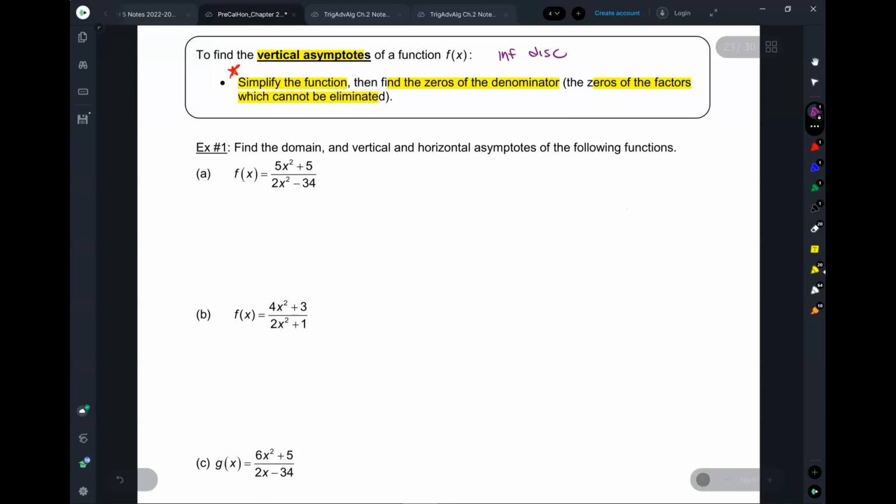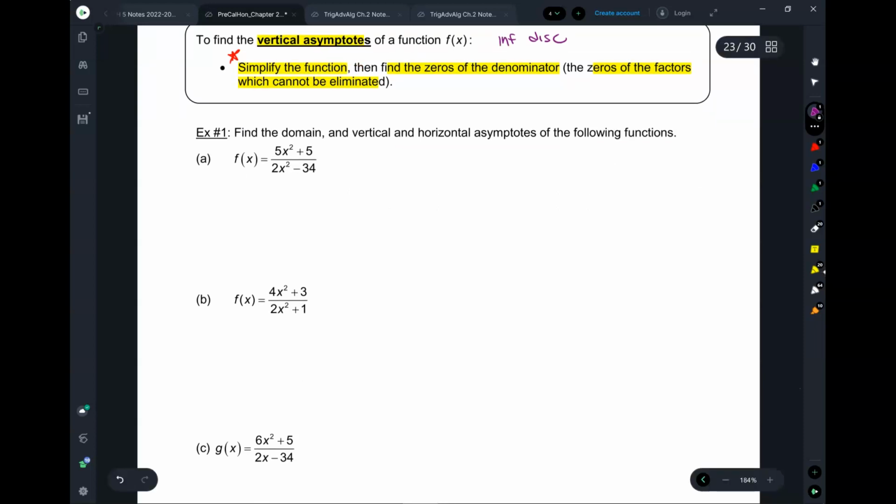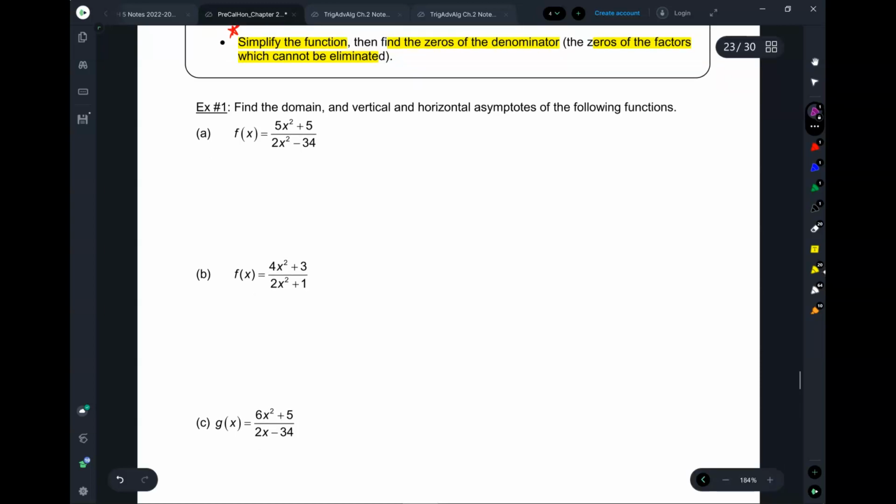We want to find the domain and the vertical and horizontal asymptotes of these functions. So, domain is everything except where the denominator is 0. So for the domain, let's set the denominator equal to 0. Solve it. X squared is 17.